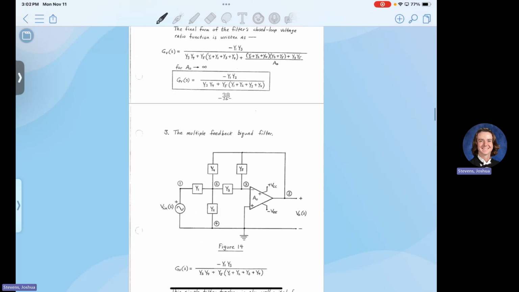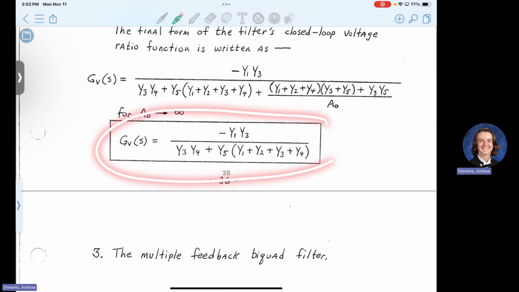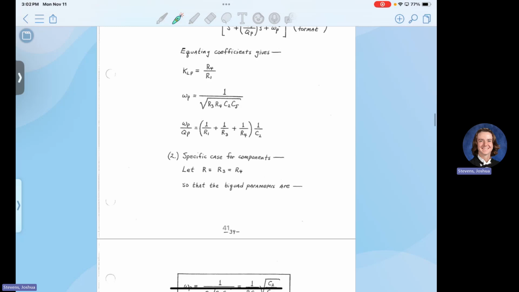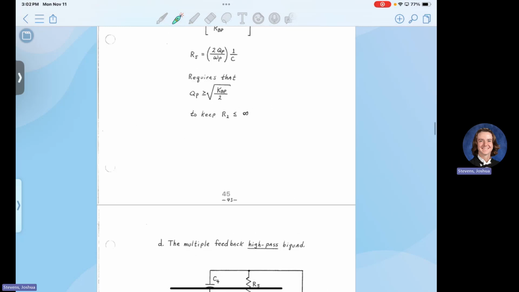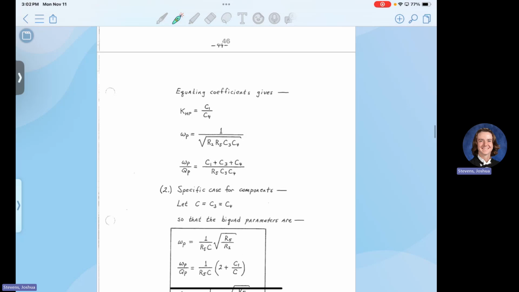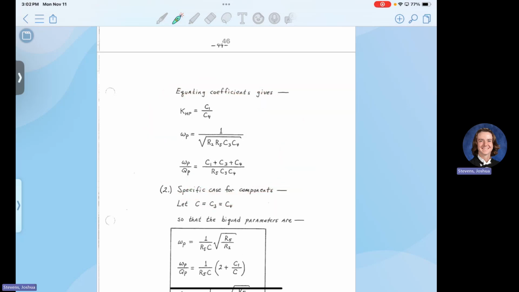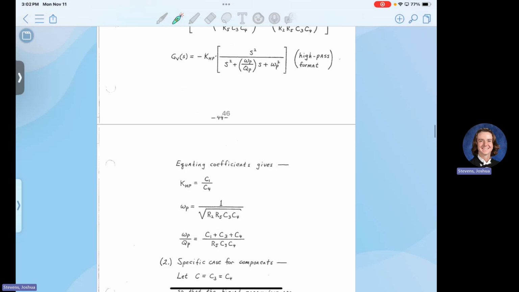This equation here is going to be true for everything. But these equations here that we found from the high pass, this was just for high pass.